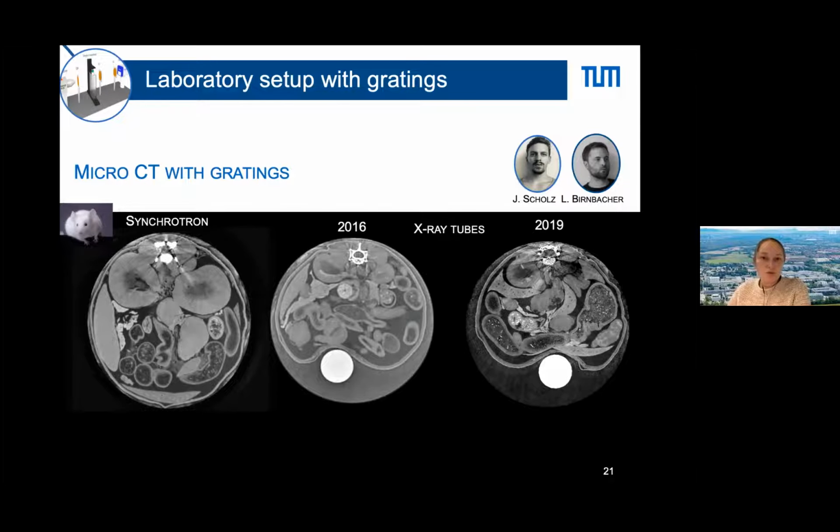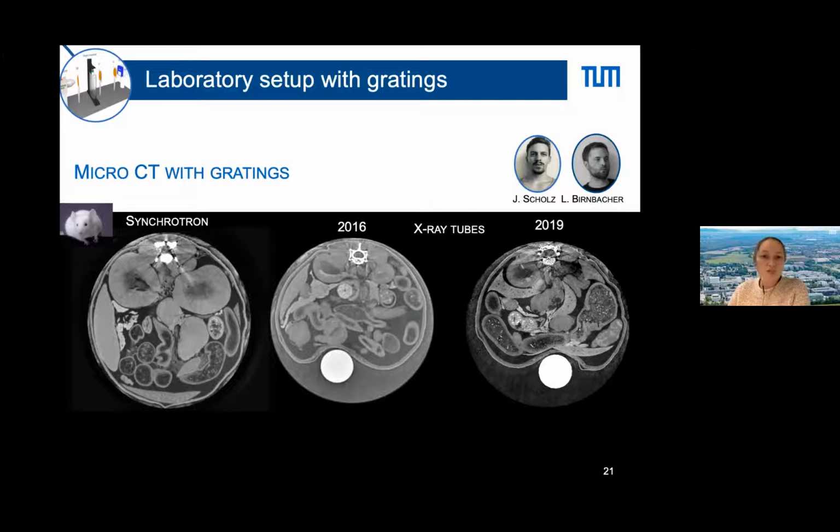We do not use a silicon photon counting detector, but detectors with smaller pixel sizes. It's now a Medipix with cadmium telluride and 75 microns. We have a new rotating anode with a much smaller source spot, but almost the same flux.